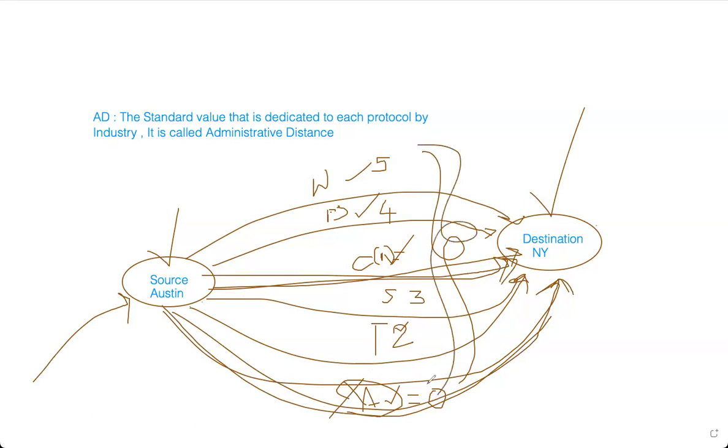A similar concept exists in networking. So you have different protocols like static routing, connected routes, OSPF, EIGRP, IBGP, EBGP. So there are different values, right? So let's talk about those values, what the industry defined for those protocols.